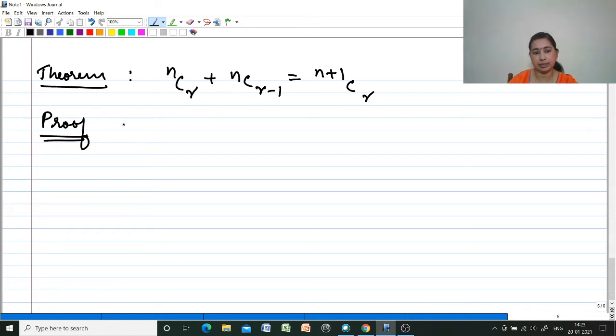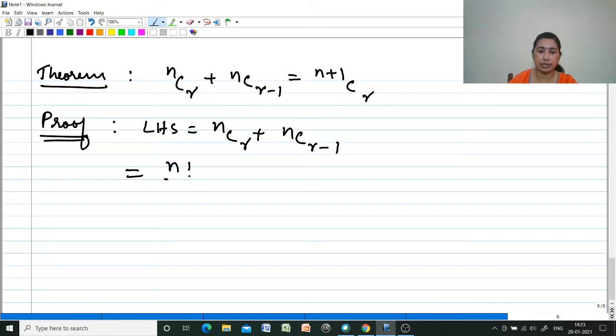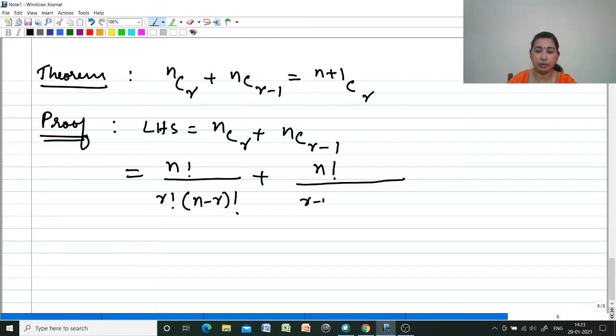Starting with LHS. LHS is nCr plus nC(r minus 1) and we have to prove that it is equal to (n plus 1)Cr. And that is equal to nCr means, as earlier we have studied, n factorial by r factorial into n minus r factorial, plus nC(r minus 1) is n factorial divided by r minus 1 factorial into n minus r minus 1 factorial.